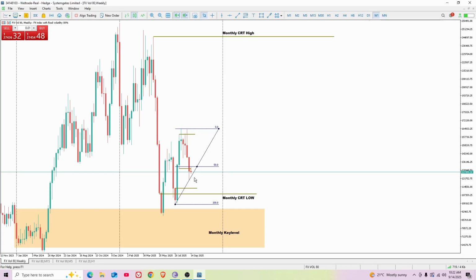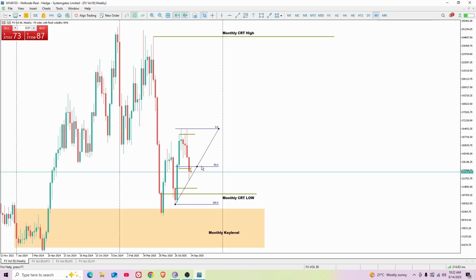But at the end of the day, I strongly believe that this market still has something to offer coming into this weekly order block. So this week, my expectation is that the market should come down into this order block. From this order block, we can move higher. But also, I'm not ignorant of the fact that we've taken out the CRT low.